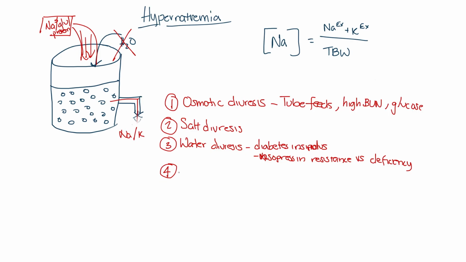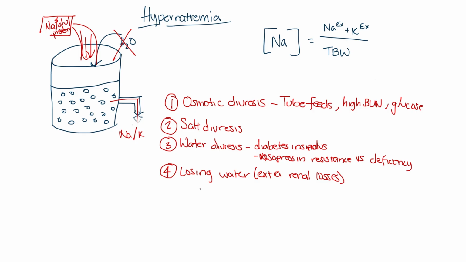The last one is just that a patient is losing water and not getting it back. We call this extrarenal losses, and for some reason has an inability to get them back. This is an incredibly rare instance. That has a few rare instances and a few that are not so rare.